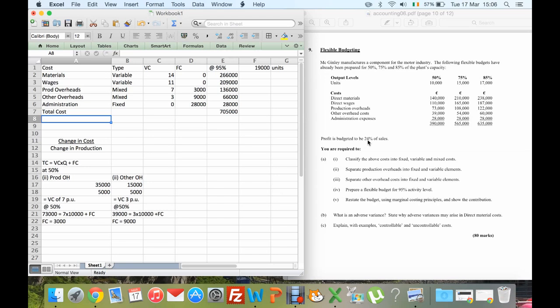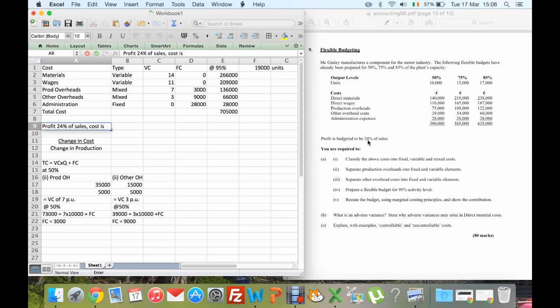So profit is going to be 24% of sales. Okay, so I'll work this out up here. So therefore, cost is, 74 taken away from 100%, because sales is 100%.